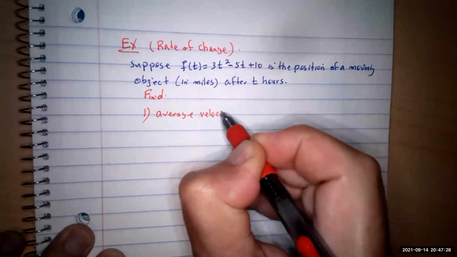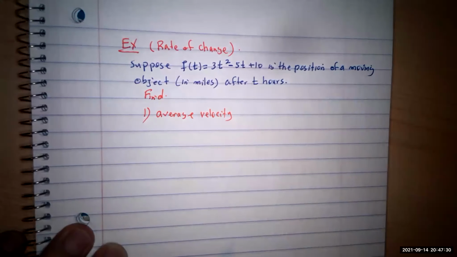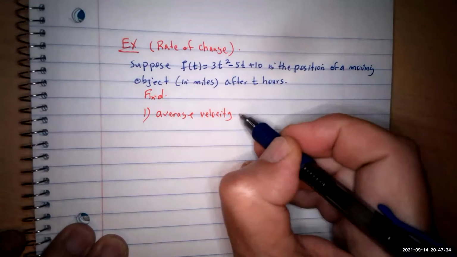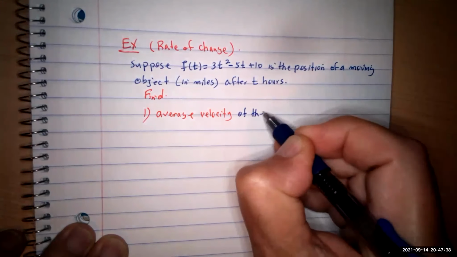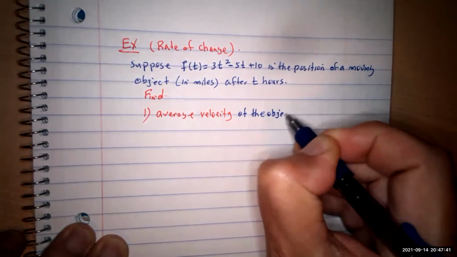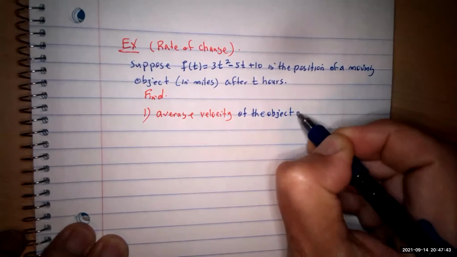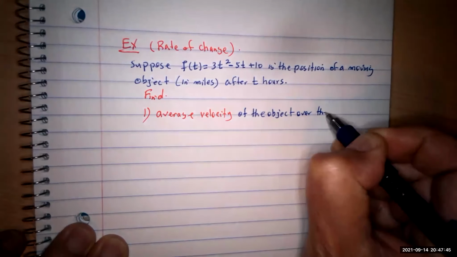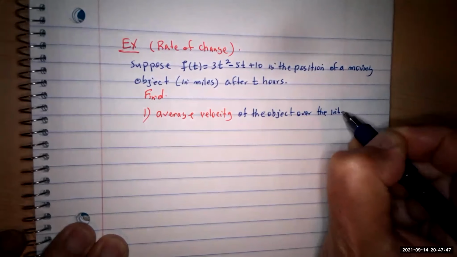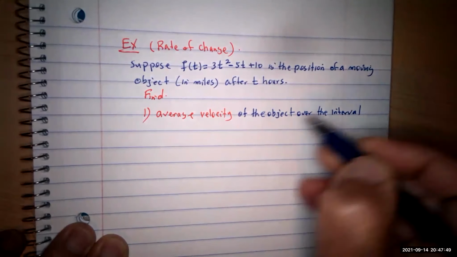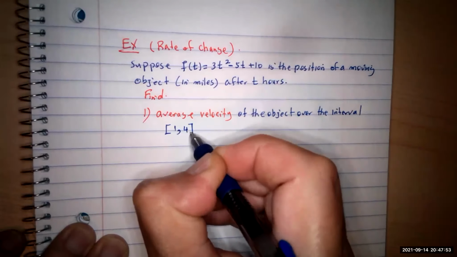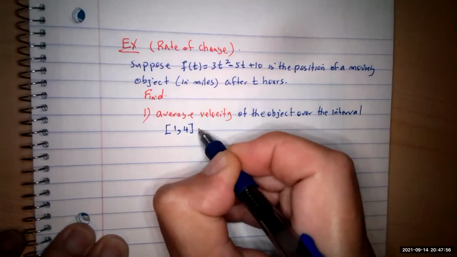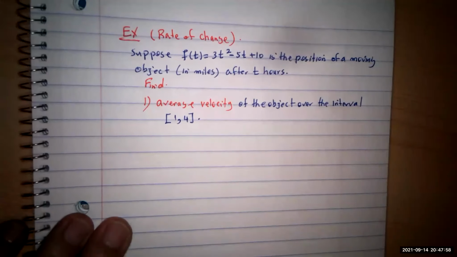Average velocity is just the slope of the secant line of the object over the interval 1, 4. Okay, so that's the first part, average velocity.